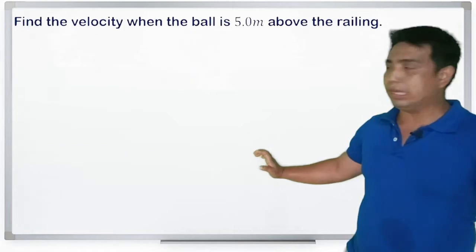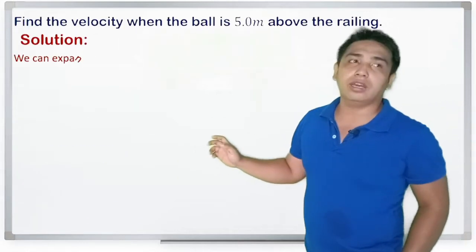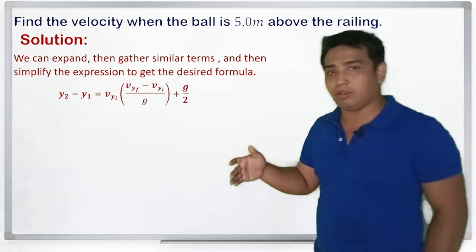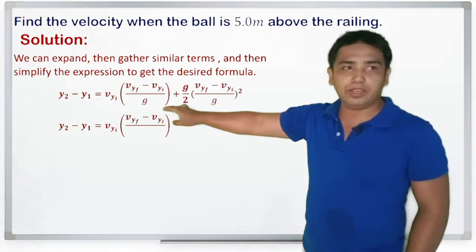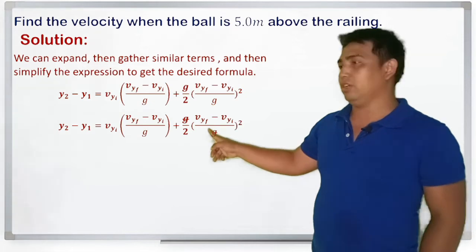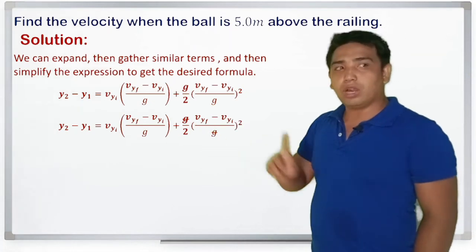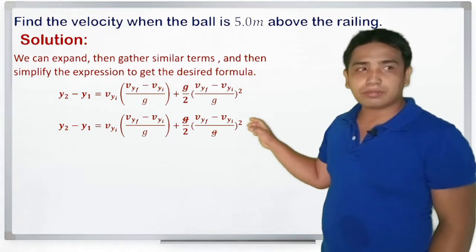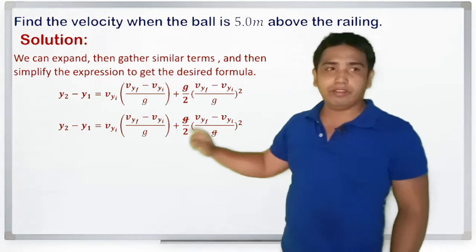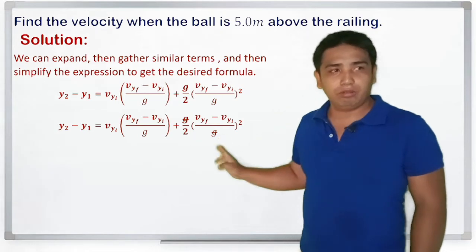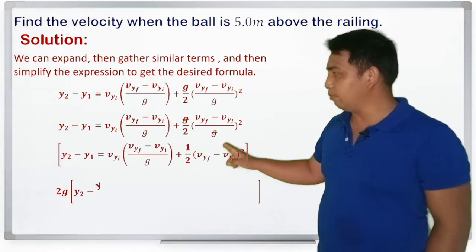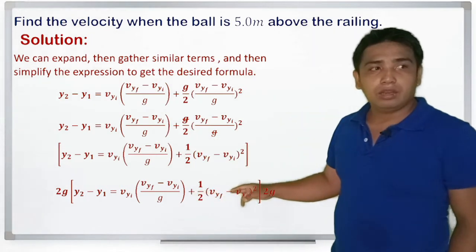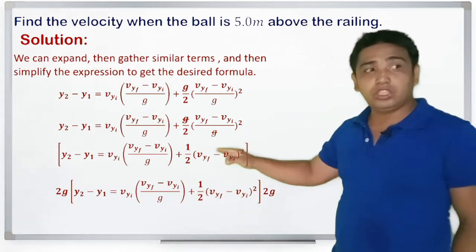By cancelling the similar terms in the innermost part of the equation, you will see that there is g here and g here. So g over g is 1, and then on the denominator we have g here and we have 2 here, so we can multiply both sides by 2g and distribute.